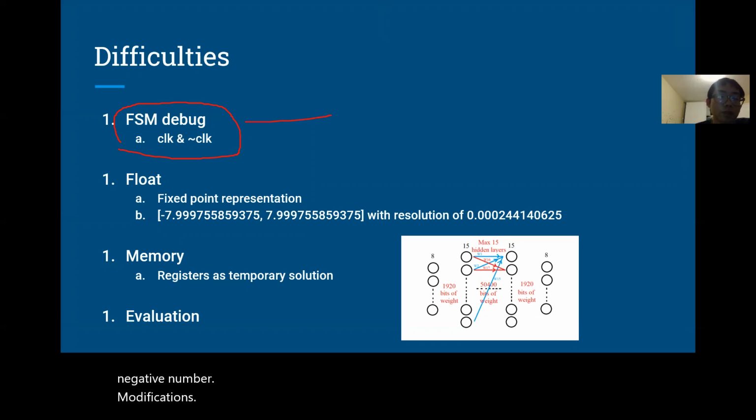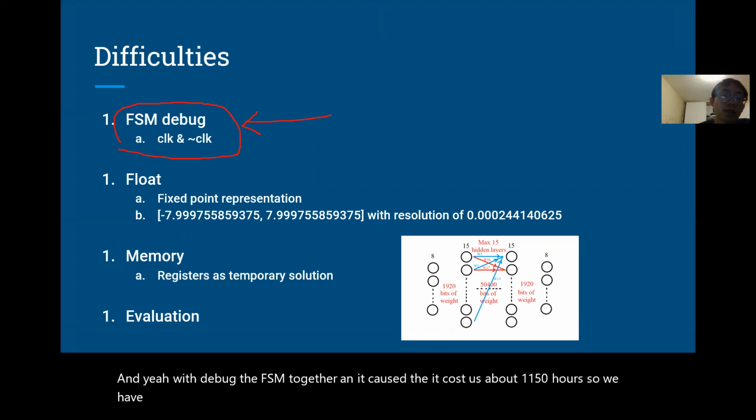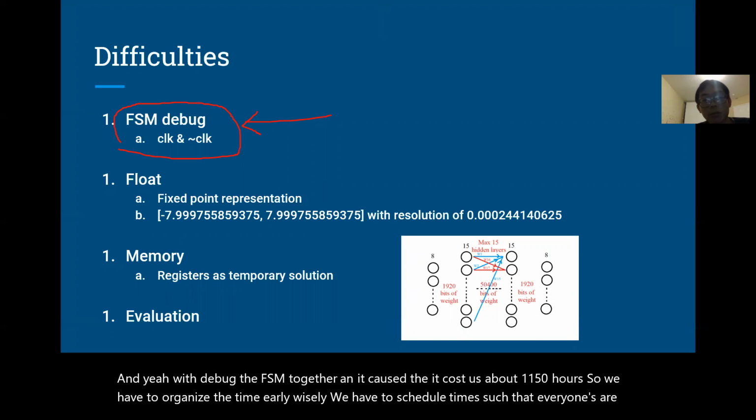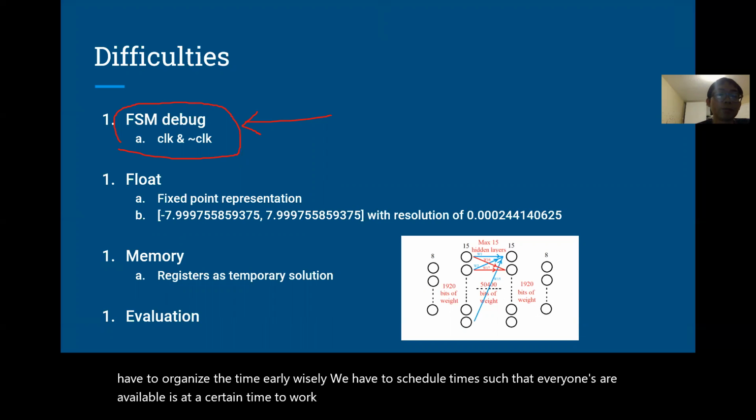And yeah, we debug the FSM together, and it costs us about 10 to 12 hours. So we have to organize the time really wisely. We have to schedule times such that everyone's available at a certain time to work on it together.